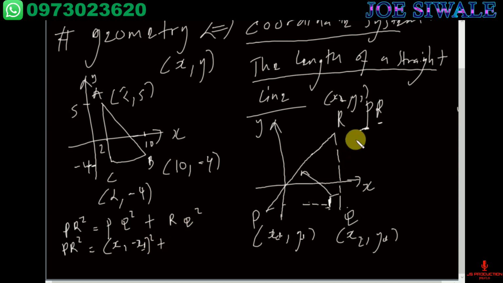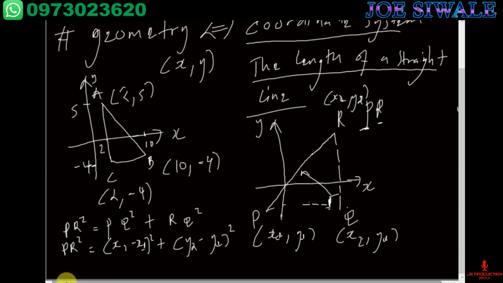What about RQ? For us to find RQ, we're going to consider the y-axis. This is because RQ is vertical, PQ is horizontal. So for RQ, we take y2 minus y1, squared.